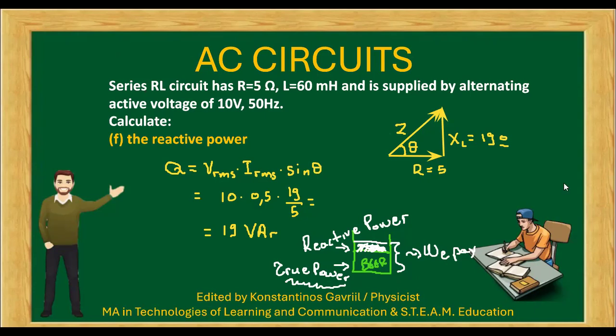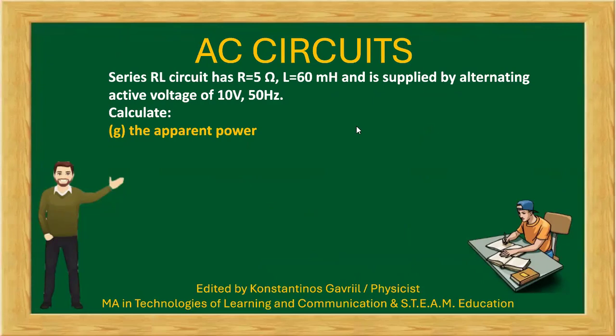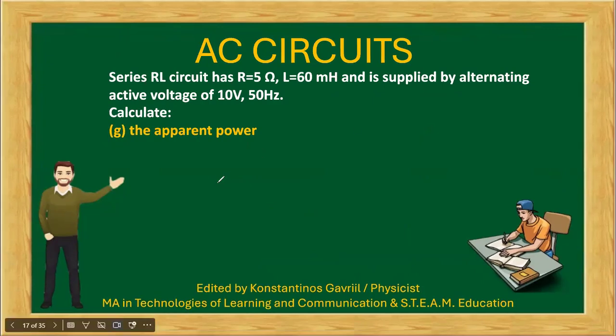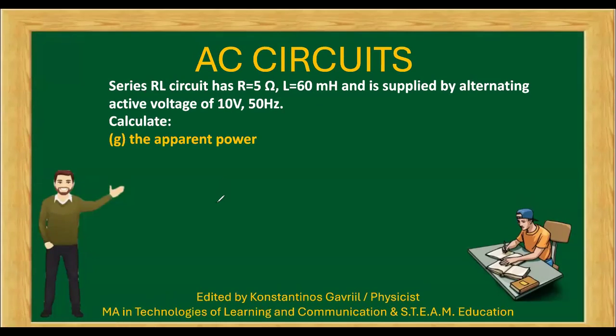Let's continue now with the apparent power. The apparent power is that total power that I have shown you in the previous slide with a glass of beer. The total power is called apparent power. If I create the power triangle now, I have here the S, which represents the apparent power.